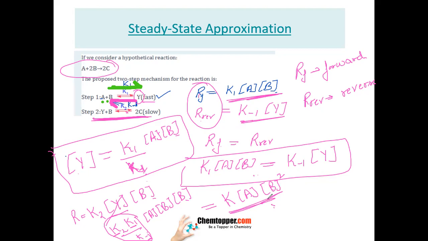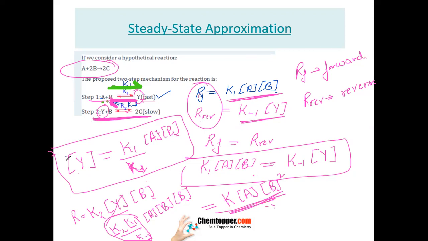So the steady state approximation says never write the rate law in terms of an intermediate. Check the step which is giving you the intermediate and pick up those reactants. Take that rate law. Like here, Y is the intermediate, and I'm getting Y in step 1. So just replace Y by A and B. When you do it, you get the correct rate law.